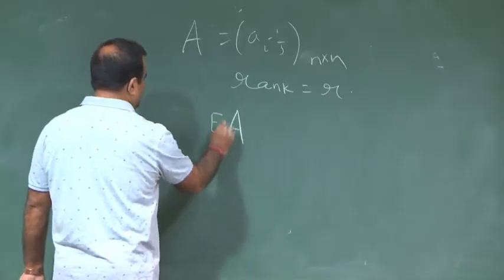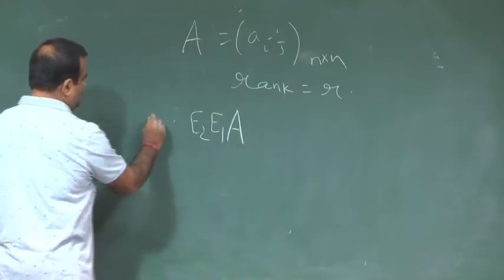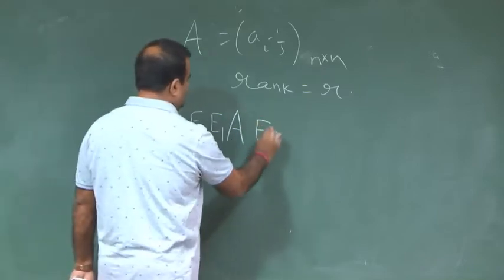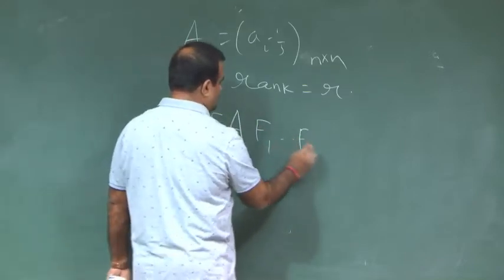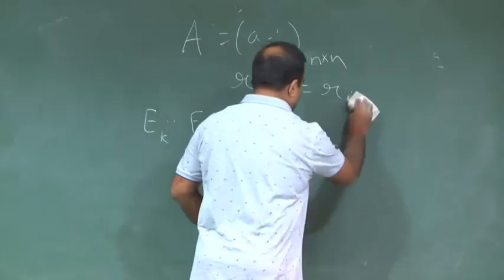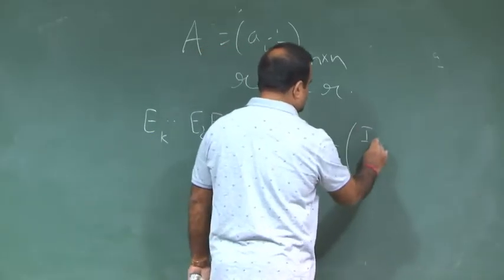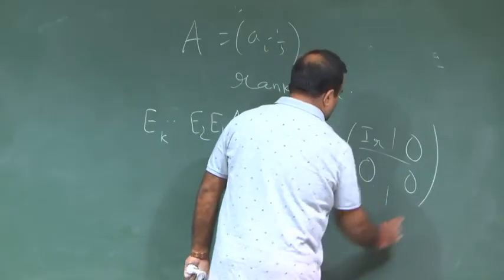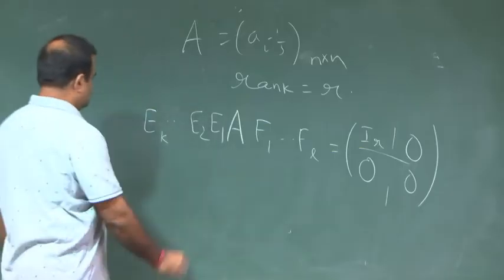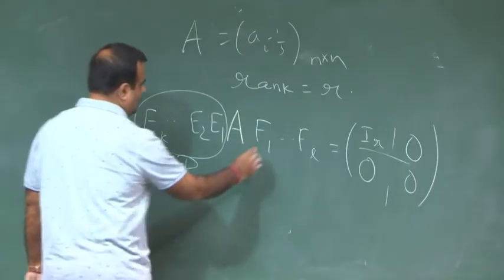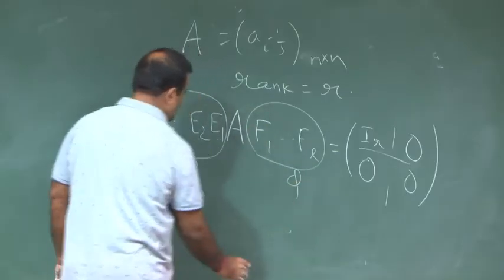So, we do elementary row operations, say k times, and elementary column operations, say L times. This will give us the normal form, with the identity block and the 0 matrices. Okay. So, this is our P and this is Q, and these are all non singular matrices because they are products of elementary matrices.